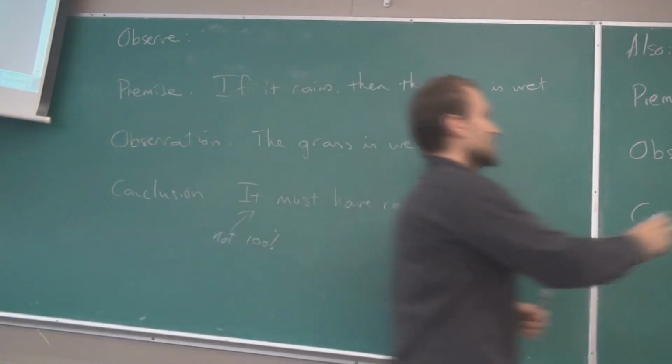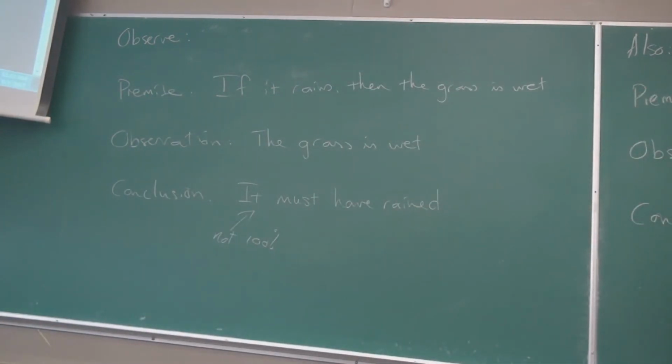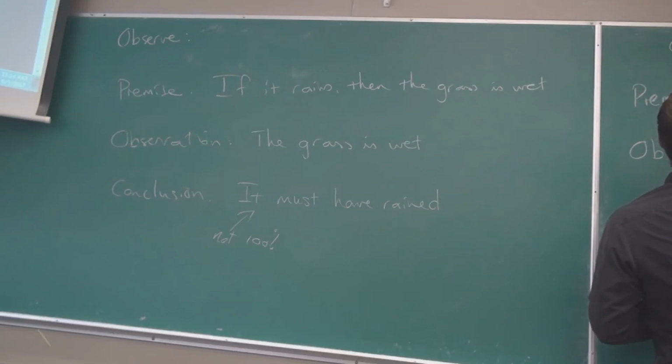Now I'm just going to write the other common one over here. It rains, the grass is wet. The correct one was today it rained, and therefore the grass is wet.